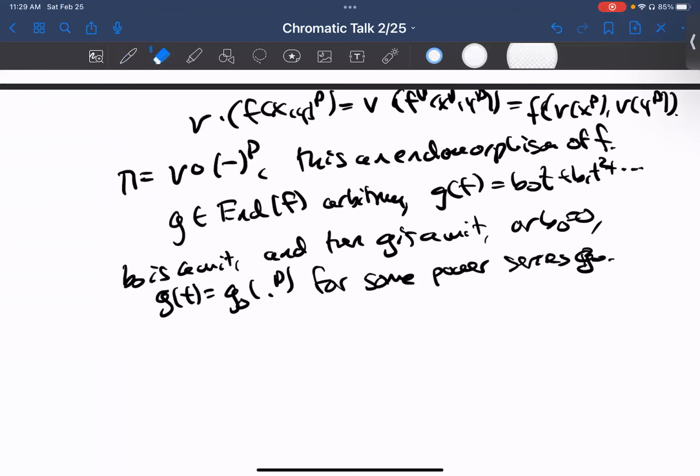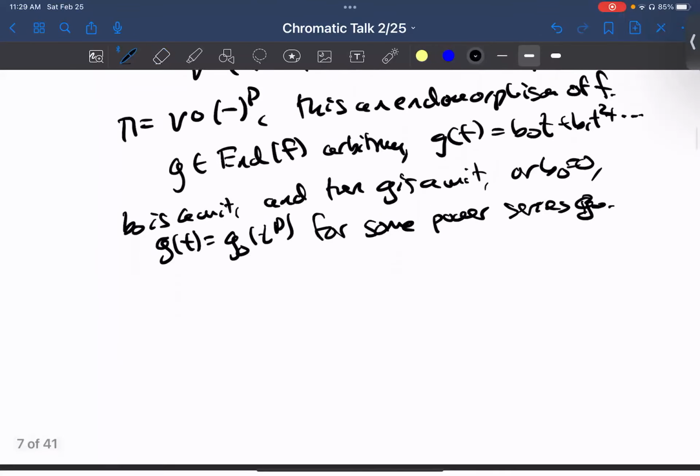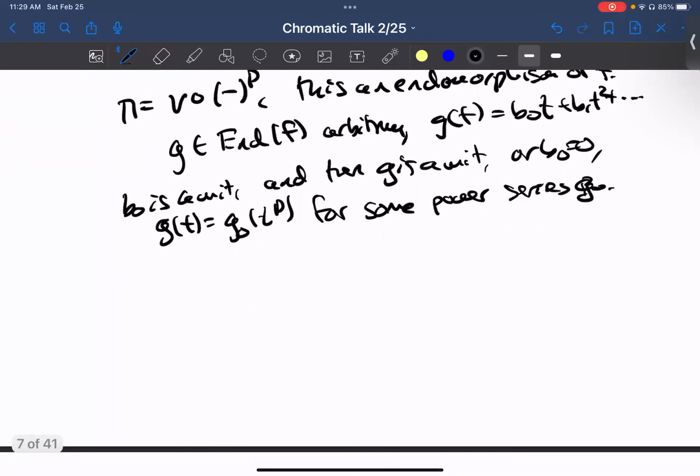So what we can do here is we can take G0 of nu inverse, and we can compose this with nu of the power of p map.